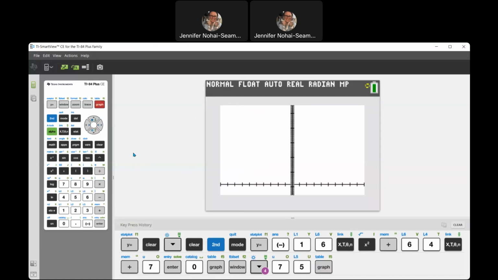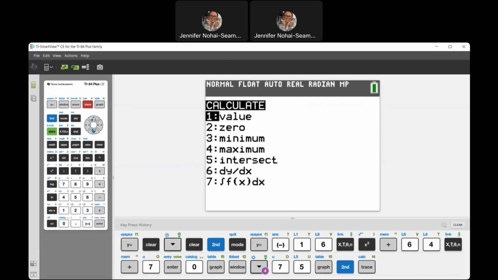That way I could see the path of my toy rocket. But what I'm really interested in right now is this coordinate right here. All right, so I will press second trace, and I will go down to the intersection.